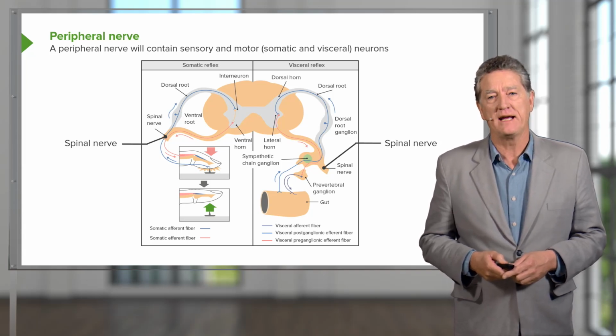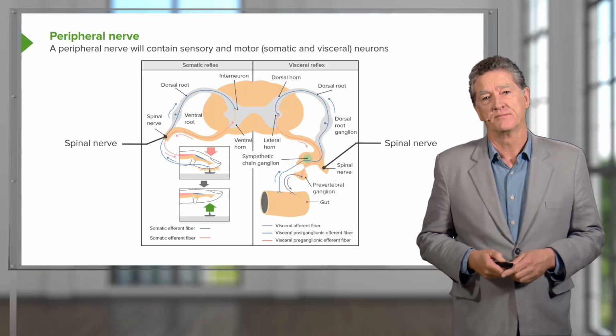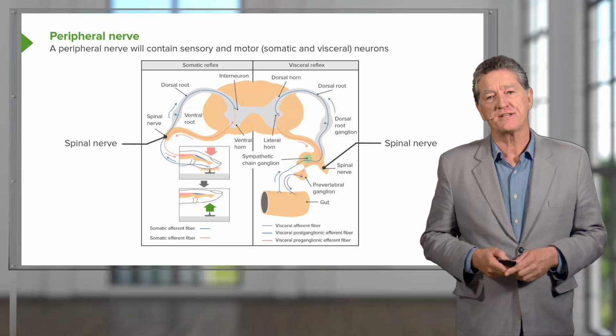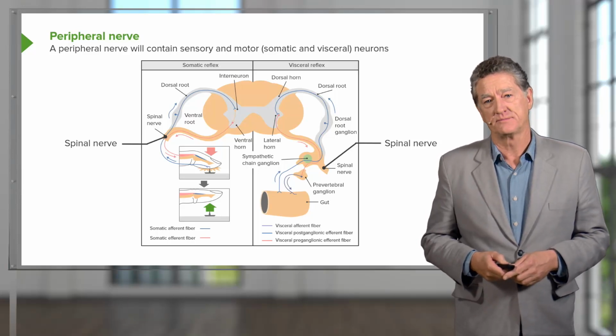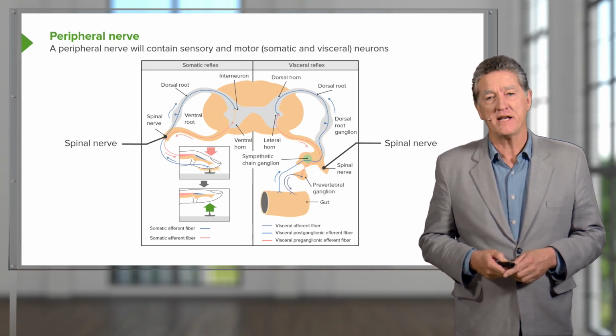That's where the preganglionic neuron cell body is located. And it then projects the axon out through the ventral root to then pass on to a ganglion. And then it synapses with the postganglionic neuron in that ganglion.